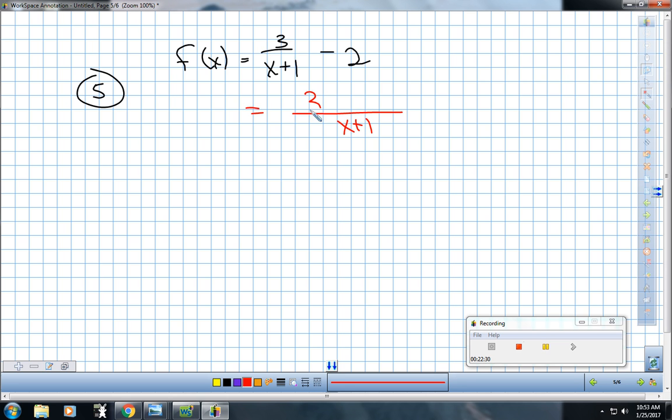Nothing. Minus 2. What do I got to multiply it by? x plus 1. And now I just got to simplify like a champ. So I've got 3, distribute the -2. So it's going to be -2x plus 1 over x plus 1.